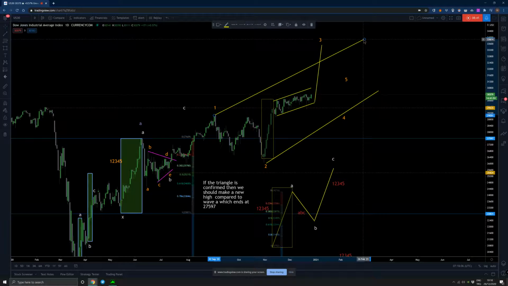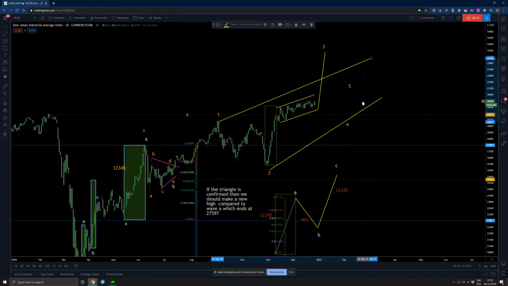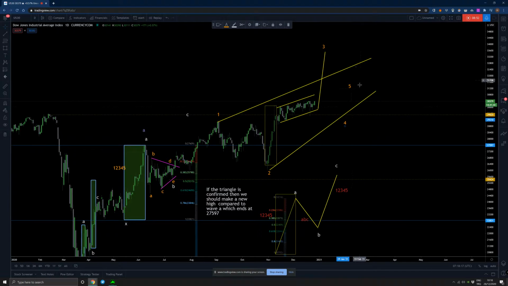So if I see a move something like this, third wave and then a fourth wave and then a fifth wave, and it convincingly looks like a wedge, then I would try to sell it on the break of this, but it's still so early. So this is how you should treat this. This is how you should update your ideas.